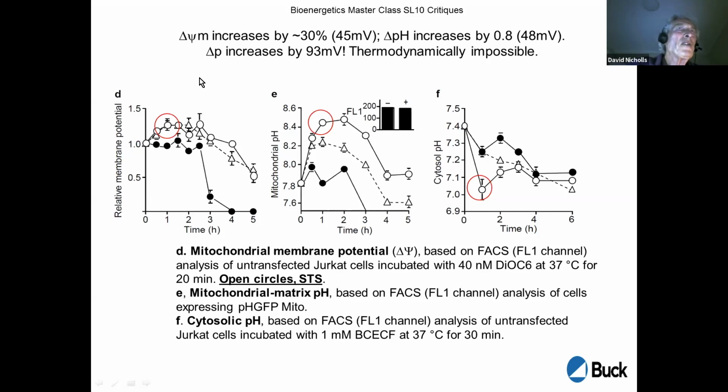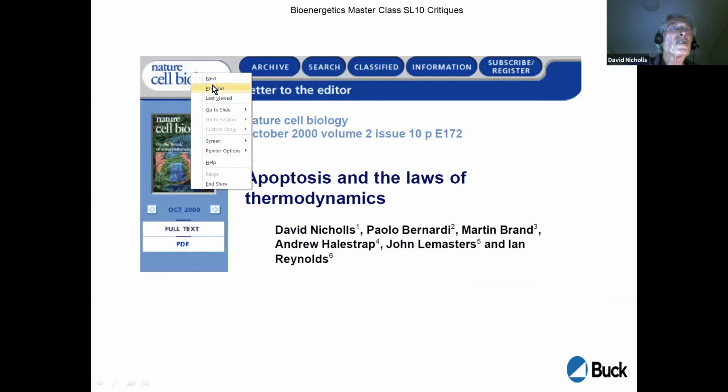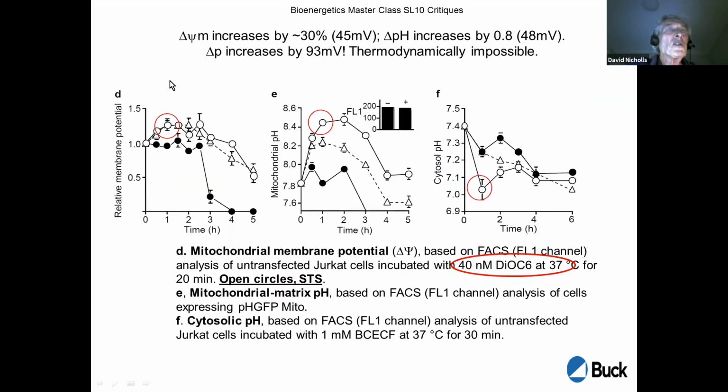If you add those sums together, it means that the mitochondria have increased their proton motive force by about 100 millivolts, from 200 millivolts to 300 millivolts within an hour of inducing apoptosis. So it was thermodynamically impossible.